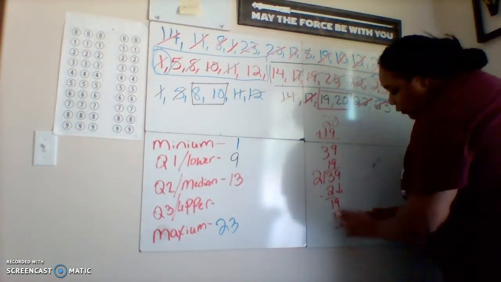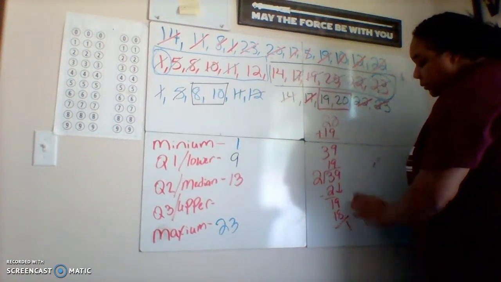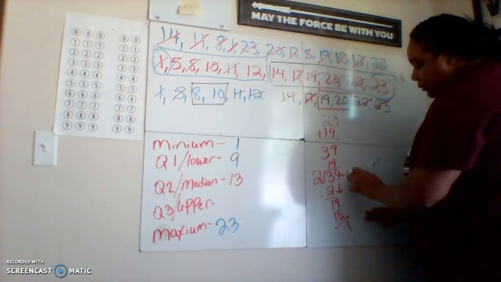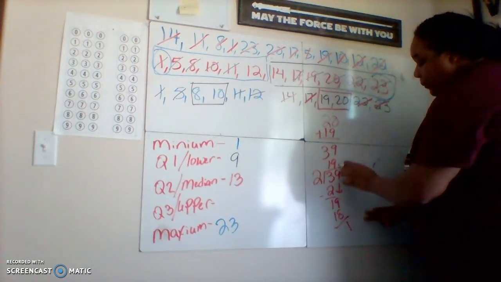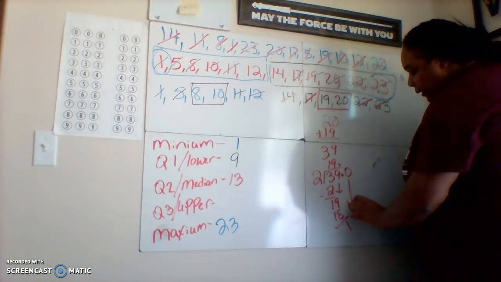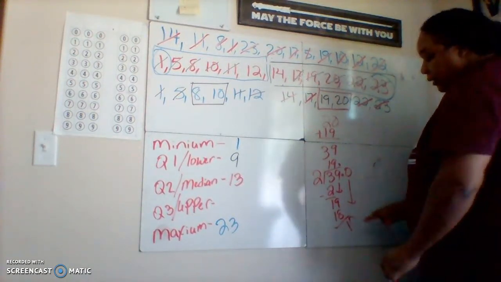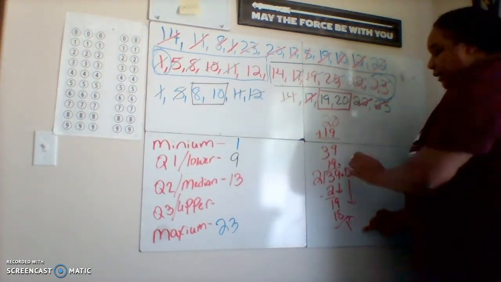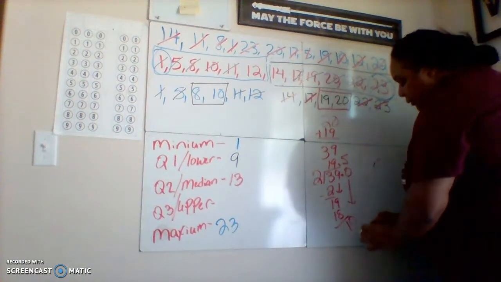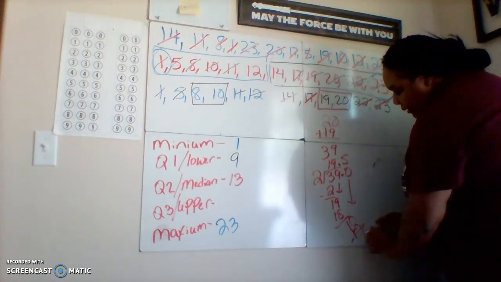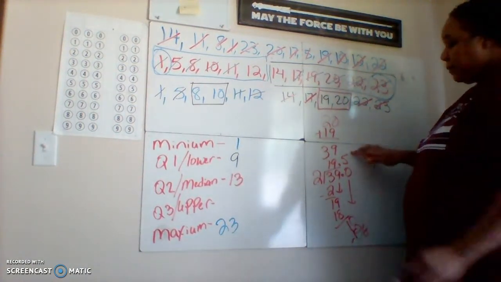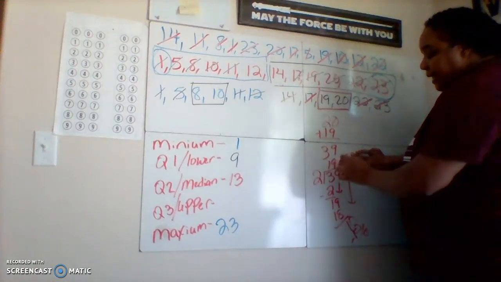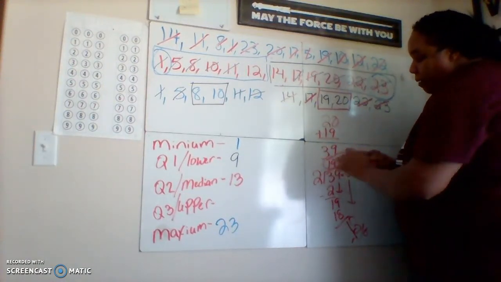Got a 1 left over. Can 2 go into 1? No. So I'm going to add a decimal and a 0. Bring my decimal up, and I'm going to bring my 0 down behind my 1. Can 2 go into 10? Of course it can. 5 times. 5 times 2 is 10. Subtract. And my upper quartile is 19.5.